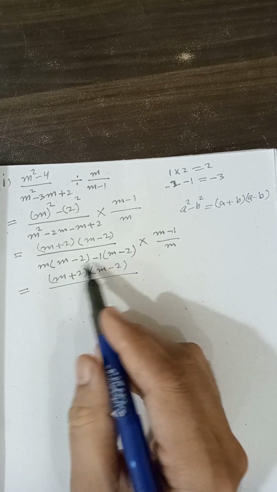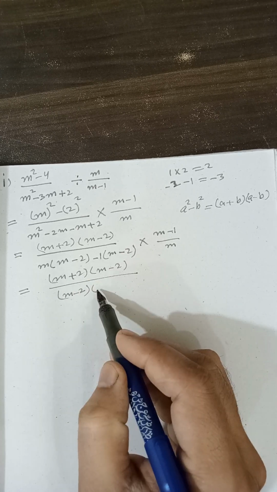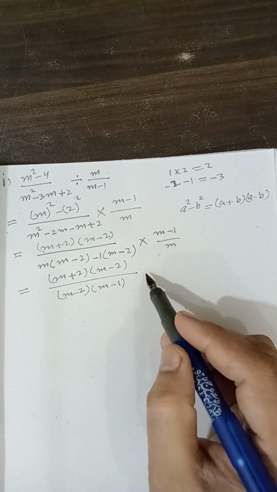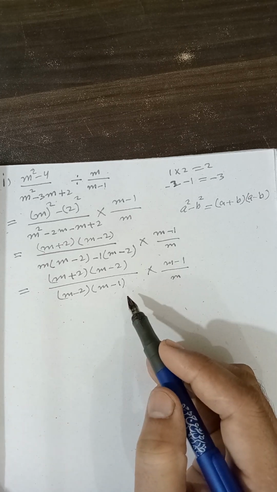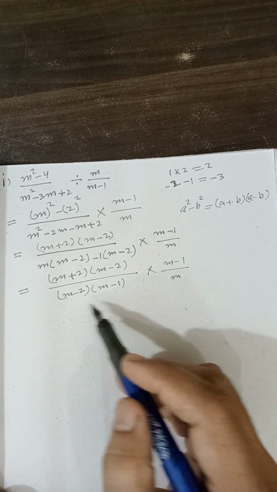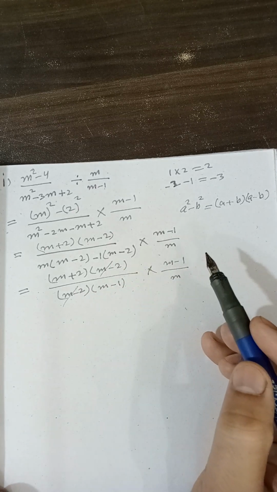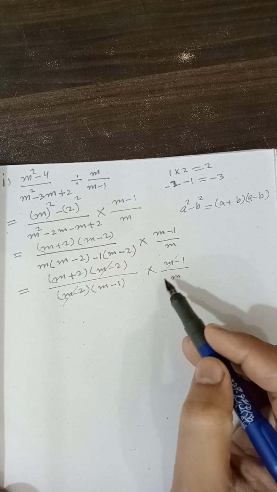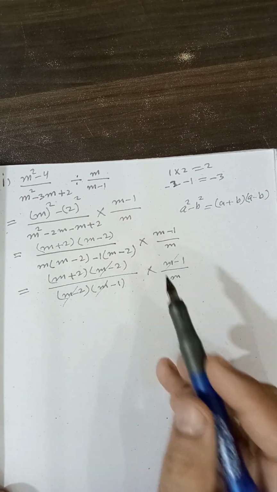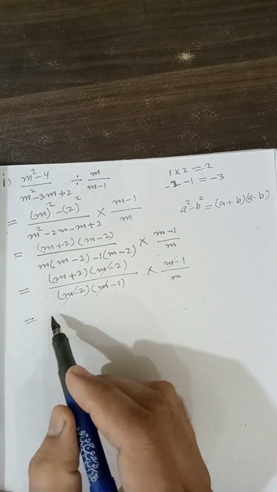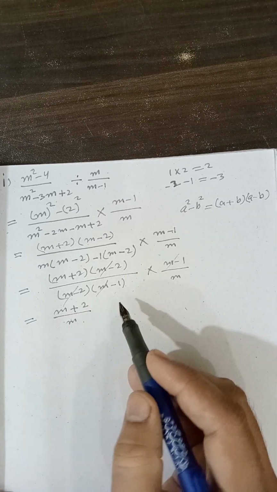You can take m minus 2 as common because it is the same, and from here m minus 1 over m. Now see which can be cancelled out. This m minus 2 and this m minus 2 can be cancelled. This m minus 1 and this m minus 1 can also be cancelled, but m plus 2 is the only term remaining in the numerator, and m is the term remaining in the denominator.